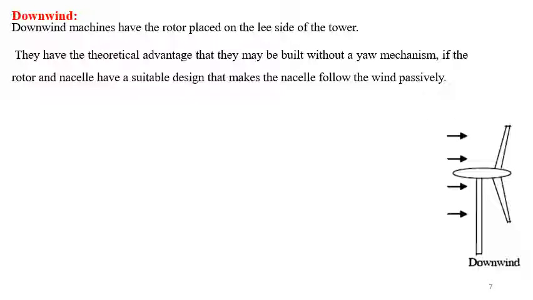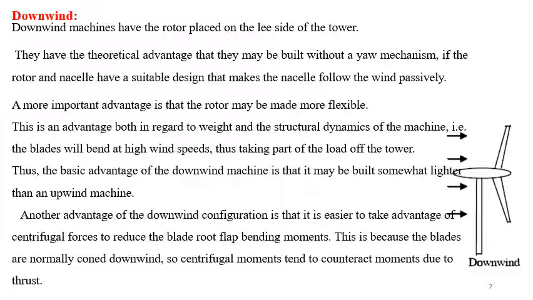One of the important advantages is that the rotor may be made more flexible, unlike upwind, which is not that flexible. The blades will bend at high wind speeds, thus taking part of the load off the tower.